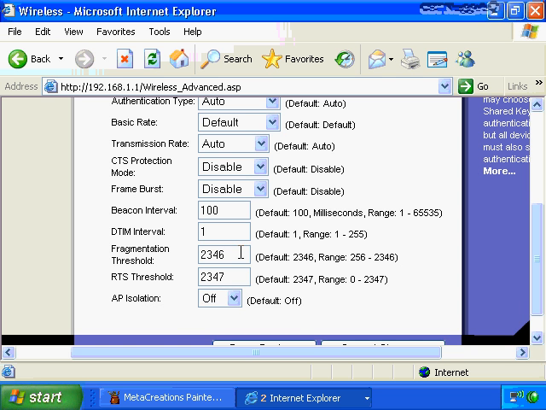However, it will have to fragment the frames that are being transmitted from the wireless network to the wired Ethernet network in order to stay within Ethernet rules for fragmentation size. Once again, the maximum size of a frame on an Ethernet network is 1,518 bytes.